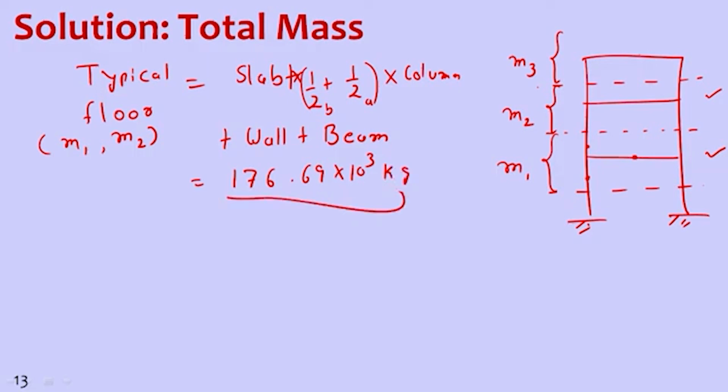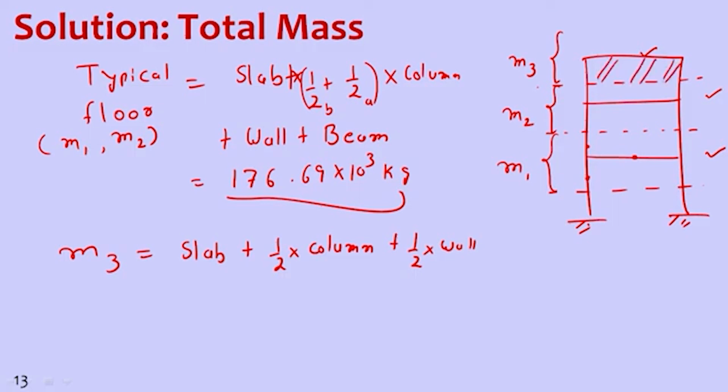Now if we calculate the mass of M3, it will have the mass of slab plus half mass of column plus half mass of wall, which is in this area, plus mass of a beam and mass of parapet wall.